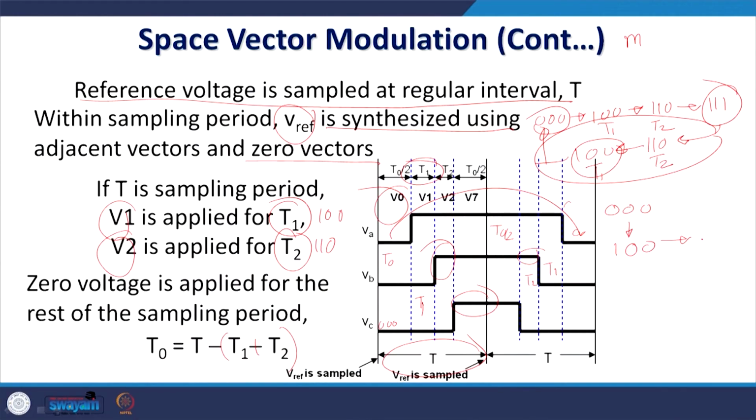Otherwise, if the modulating wave is more than the carrier wave, it is going to turn on and it will not consider whether it is a 1 bit change or a 2 bit change, but here you can ensure that there is only a 1 bit change to generate any reference. So, it is 1 1 0, thereafter it will be 1 0 0, thereafter it will be 1 1 0, thereafter it will be 1 1 1.